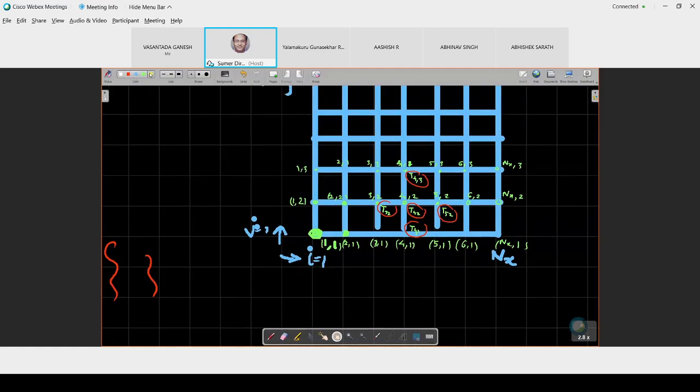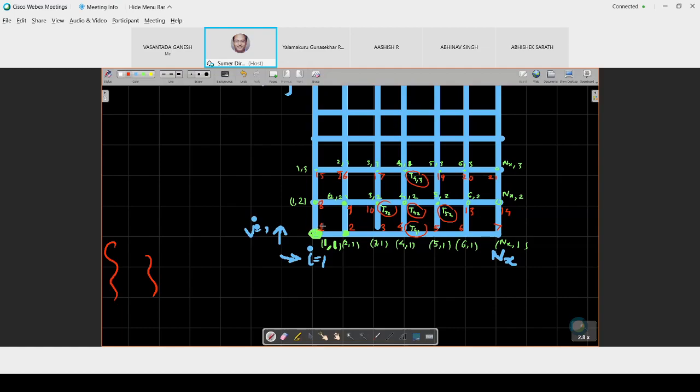So in a single index notation, say for example, this is your first node, this is your second node, this is your third node, fourth, fifth, sixth, seventh, eighth, ninth, 10th, 11th, 12th, 13th, 14th, 15th, 16th, 17th, 18, 19, 20, 21, and likewise.